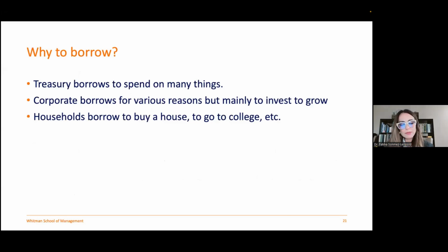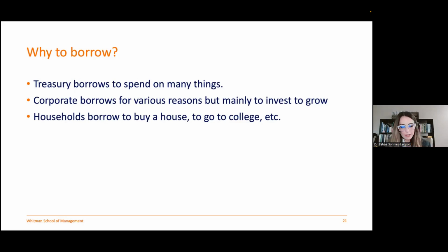So why does the Treasury borrow? Why do corporations borrow? The Treasury borrows to spend on many things, like Medicare, infrastructure, education, military. There are a variety of things the Treasury should spend money on, because the Treasury is like the parent of the household. They have certain incomes through taxation, and then they spend some money.